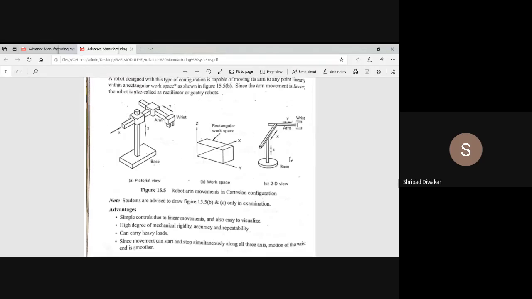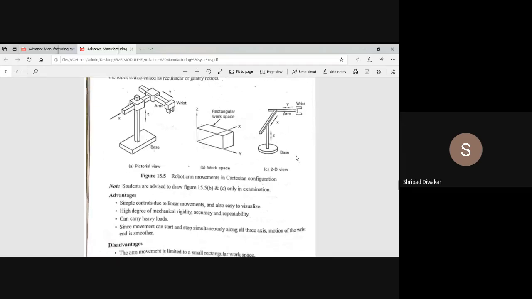All these things are possible in the Cartesian coordinate robotic configuration, and it can carry heavy loads because of the linear movement of the robotic arm.